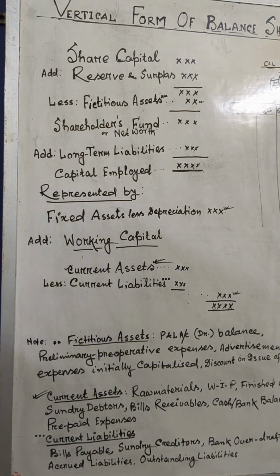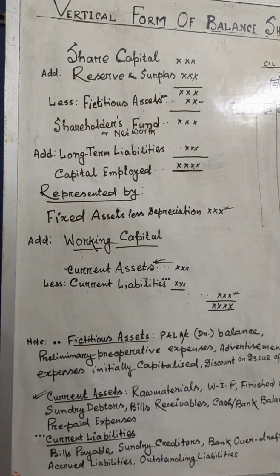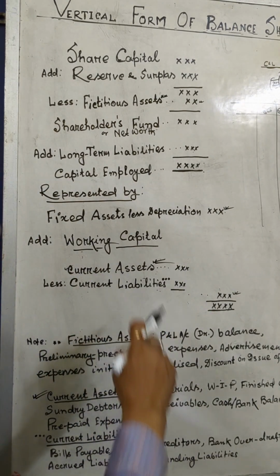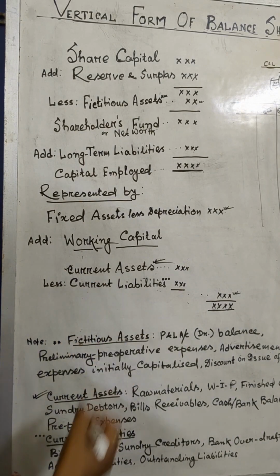Current assets means assets which can be converted into cash within a very short period of time, within a maximum of 1 year. Similarly, current liabilities are liabilities which are required to be paid within a very short span of time, maximum 1 year. What items come under current assets?